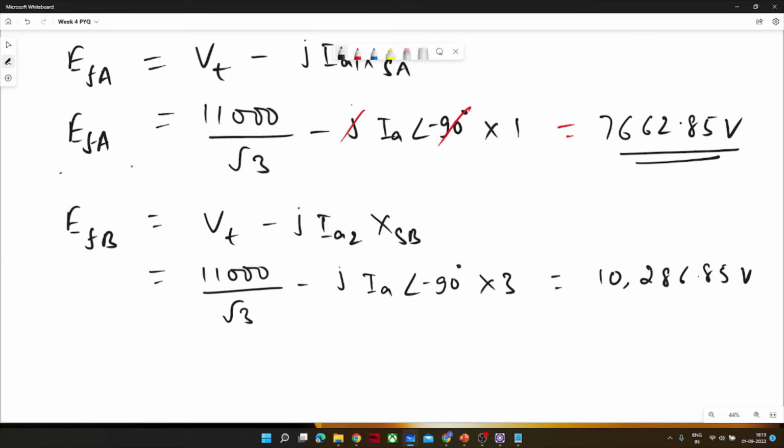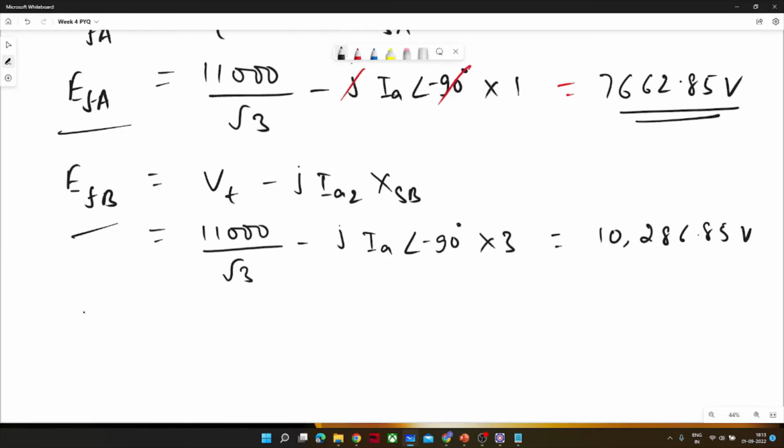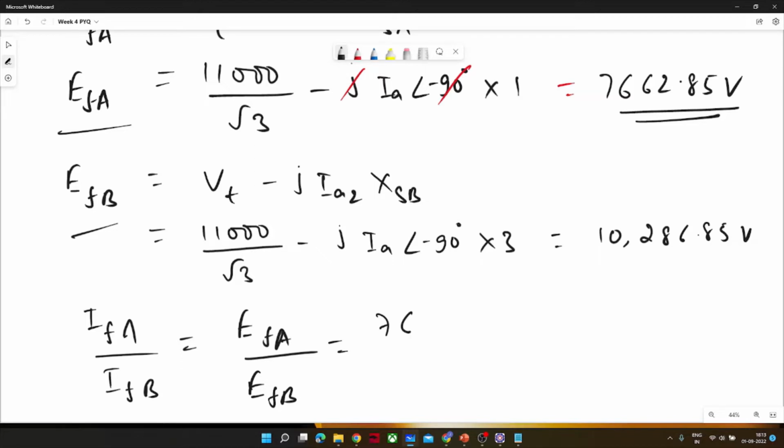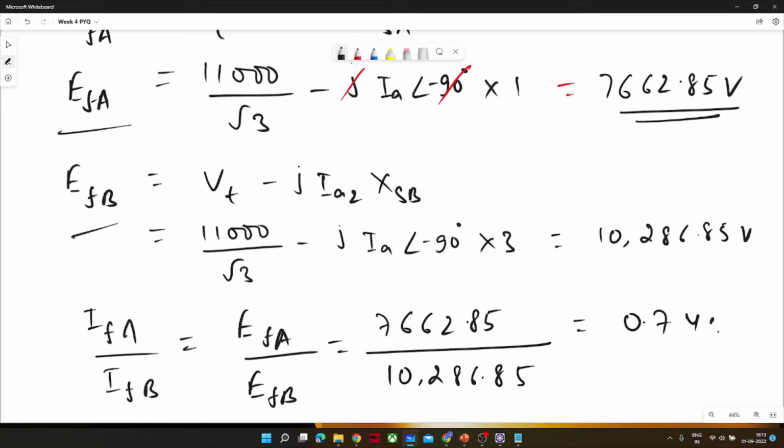We calculated EFA and EFB. Our job is almost done. Now we have to take the ratio of the two values, which is nothing but EFA by EFB, which is 7662.85 divided by 10,286.85, and that would come out to be 0.745.